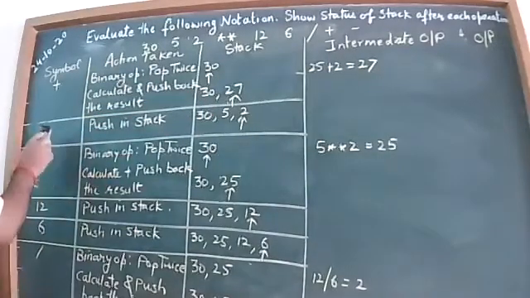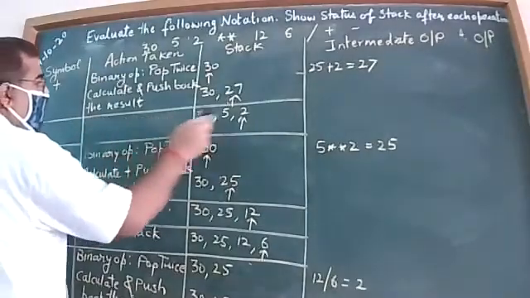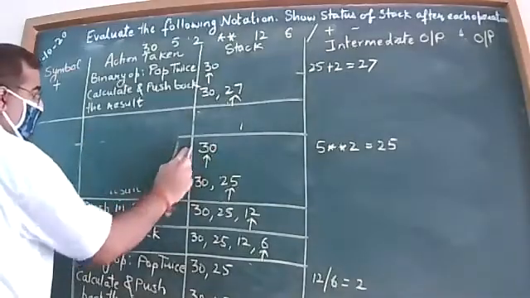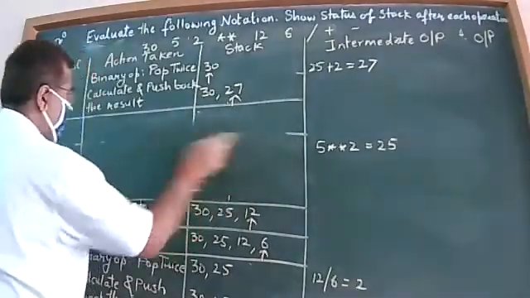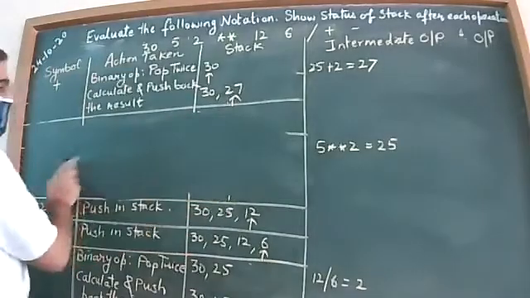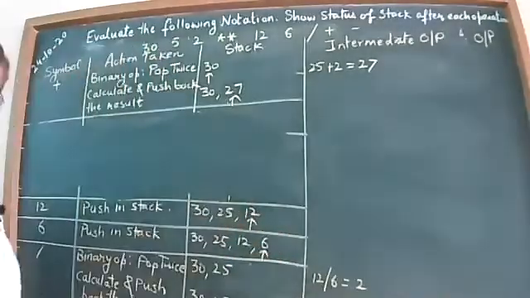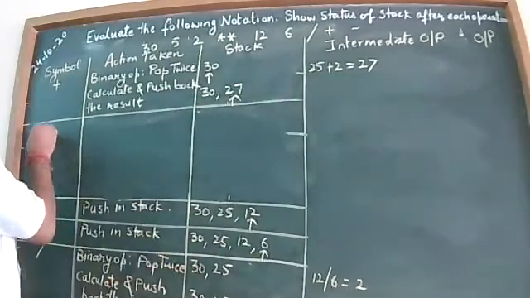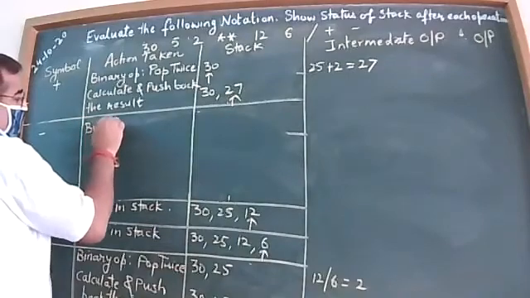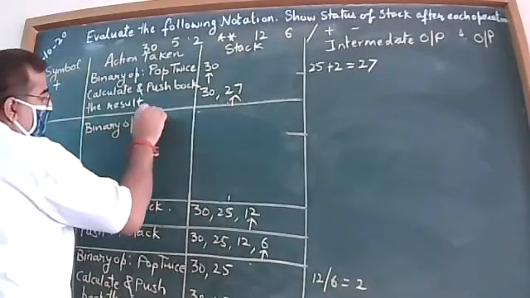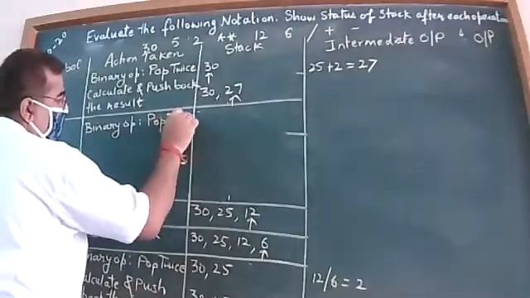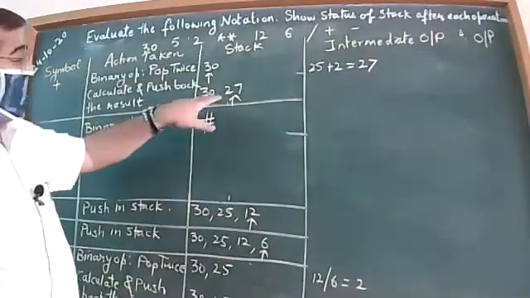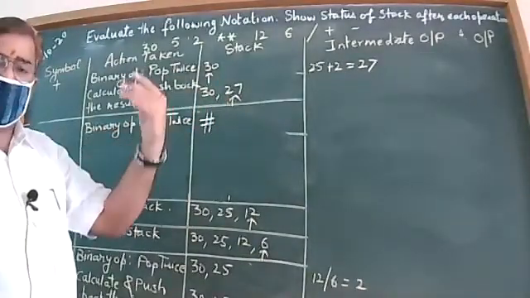Now the last operator is minus. Binary operator, pop twice. When I pop twice, two numbers were in the stack, both get popped.